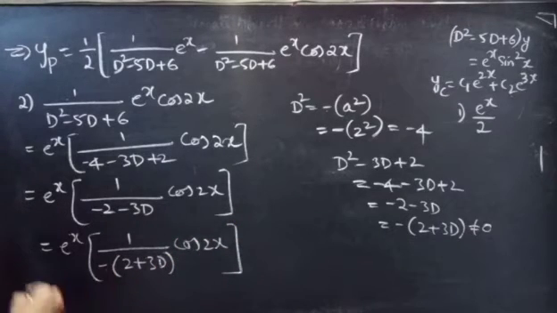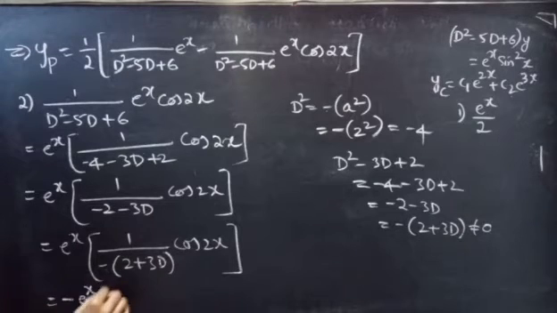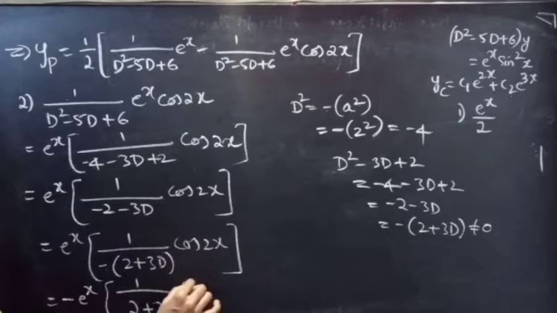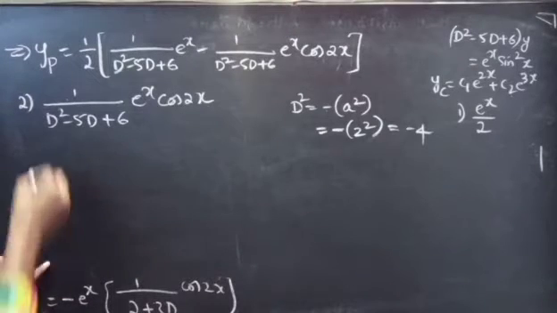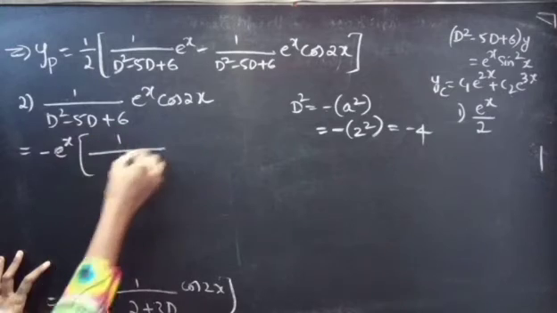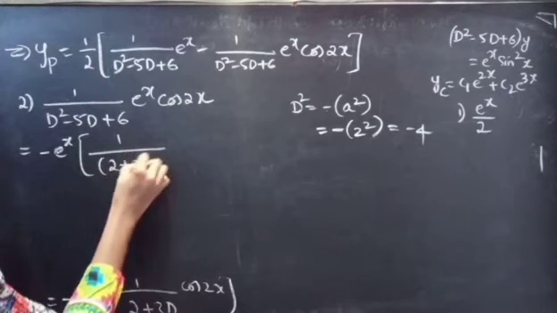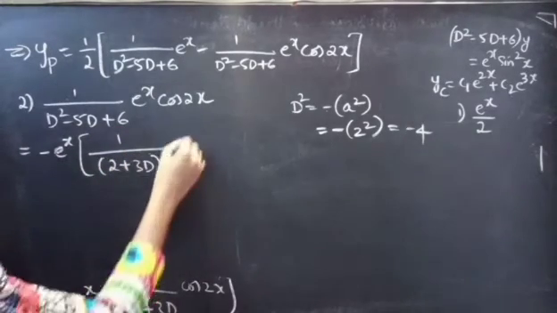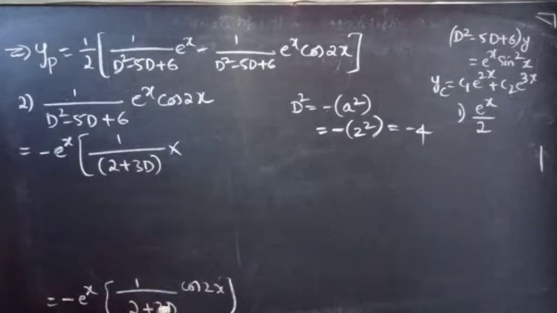Now bring this minus outside. Then we'll get minus e power x into 1 by 2 plus 3d into cos 2x. Here we have 2 plus 3d, right?